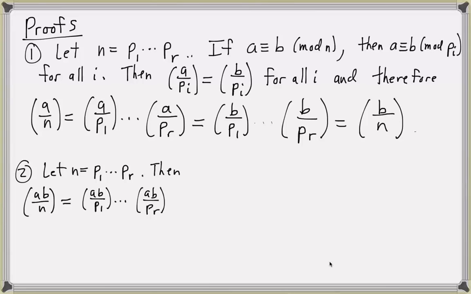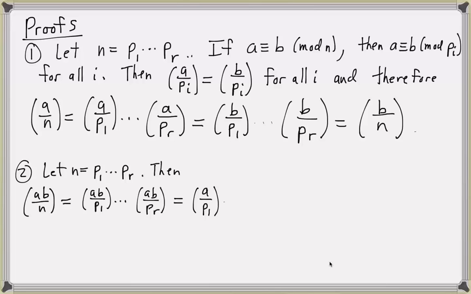And since these are Legendre symbols, I can break these up as A over p1 times B over p1 all the way up to A over pr times B over pr, but I'm going to group them together.